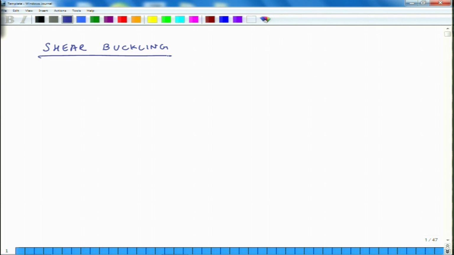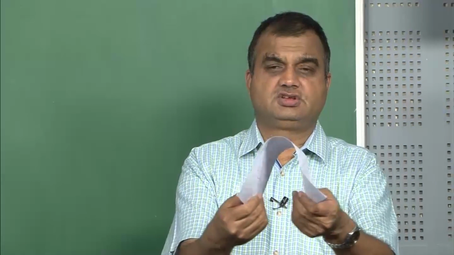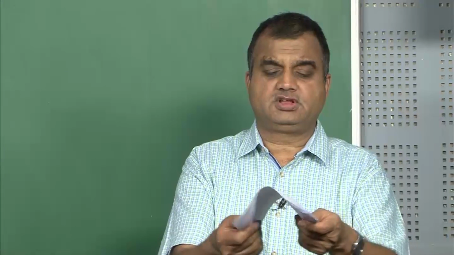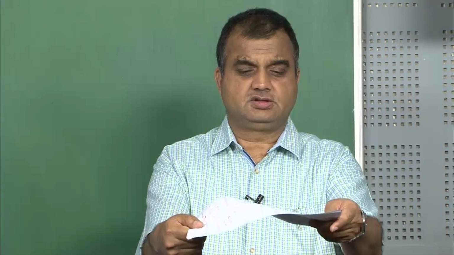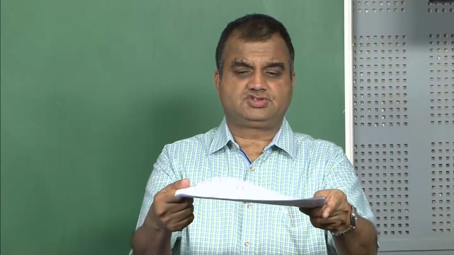To give you an idea how shear buckling works, suppose this is a composite plate. If I subject it to normal loads, it buckles like this, or if I subject it to the normal load in this direction, then it will buckle like this. But it may also buckle in shear, because if I subject it to shear forces, then it tends to do this.